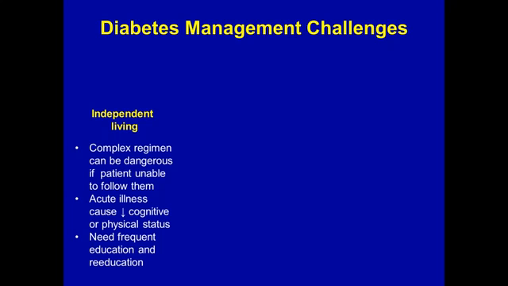Many may already be on complex regimens with polypharmacy, and this can be dangerous if at any time the cognitive function of the patient changes. There might be acute deterioration. Also, acute illnesses can cause an acute cognitive or physical decline. And so close monitoring as well as frequent education and re-education are very important.